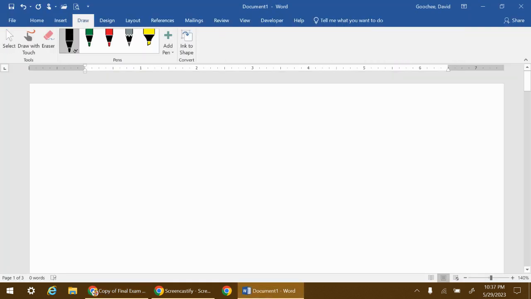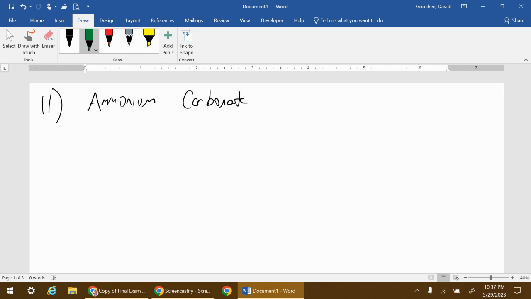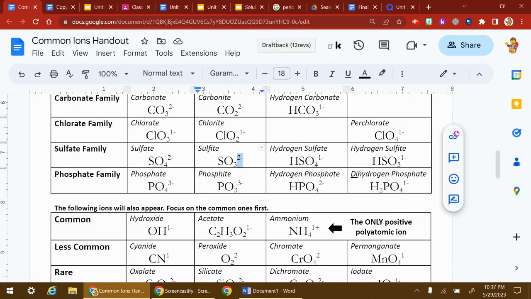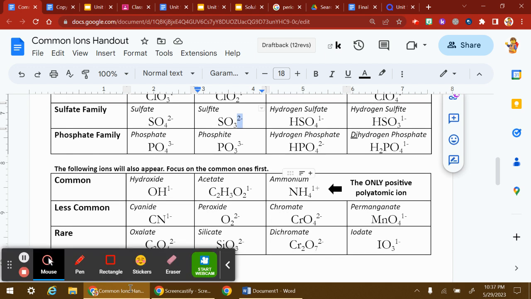All right, number 11, ammonium carbonate, not aluminum carbonate, ammonium carbonate. So the first step is you got to figure out what the formula of this stuff is. If you go to the common ions, you will see that ammonium is actually a polyatomic ion, NH4 with a 1 plus charge.